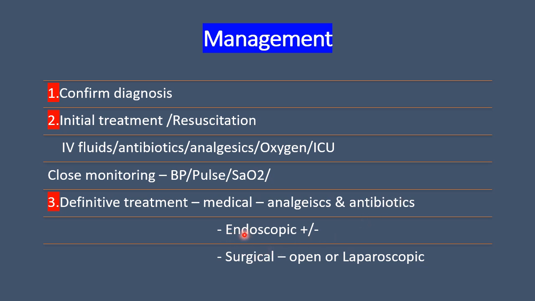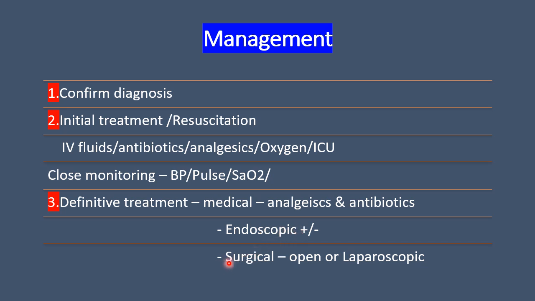Then endoscopic treatment can be done, especially if there's a stone in the bile duct, and an endoscopic sphincterotomy may be needed. In this patient, that is not necessary. So we go on to surgery.